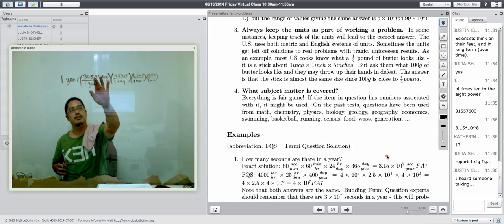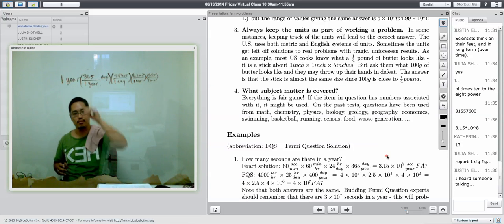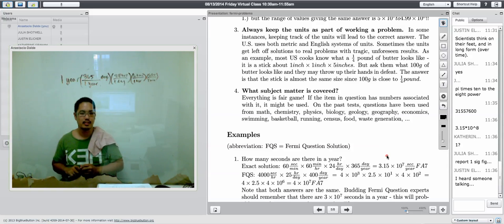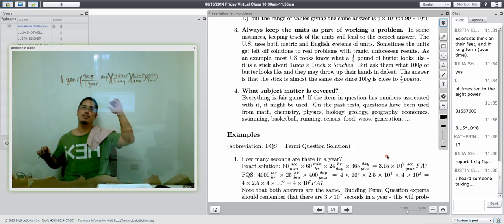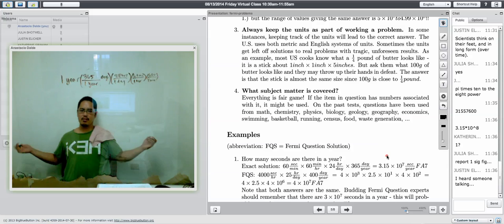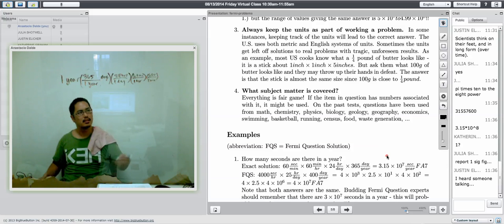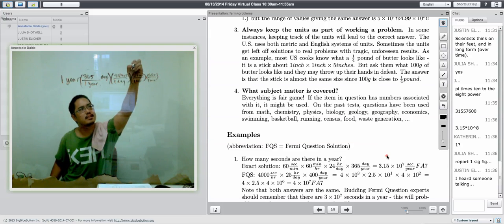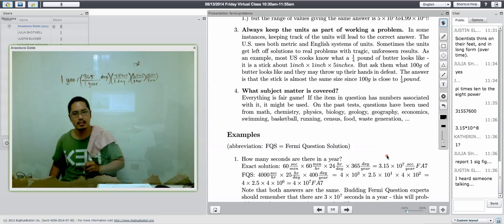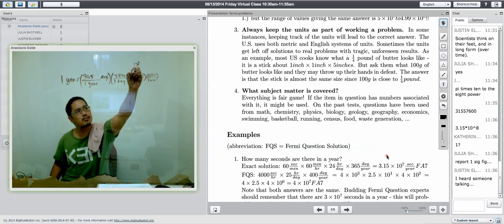Well, first of all, let's not take into consideration the leap year. Let's just go 365. In this case, I would only report 3 sig figs. Now you ask yourself, why? Wait a second. 60 only has 1 sig fig. Right? This number only has 1 sig fig. This number has 2 sig figs.